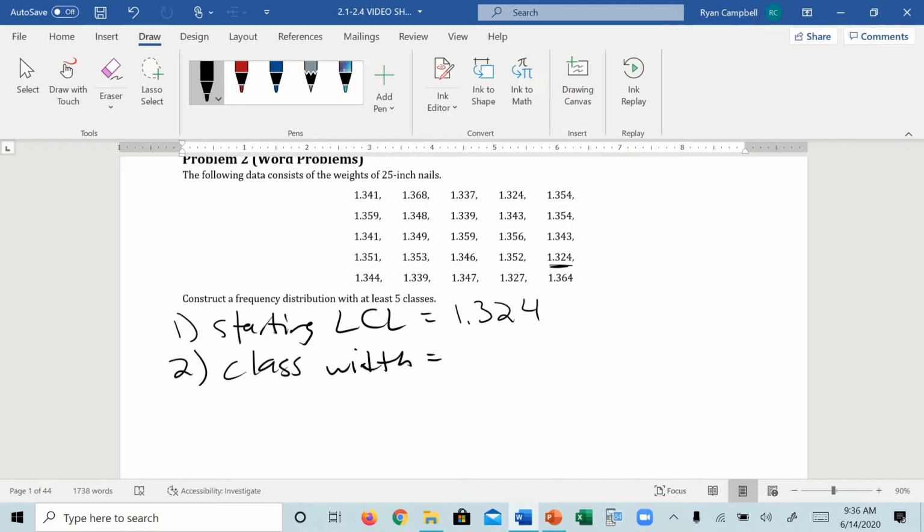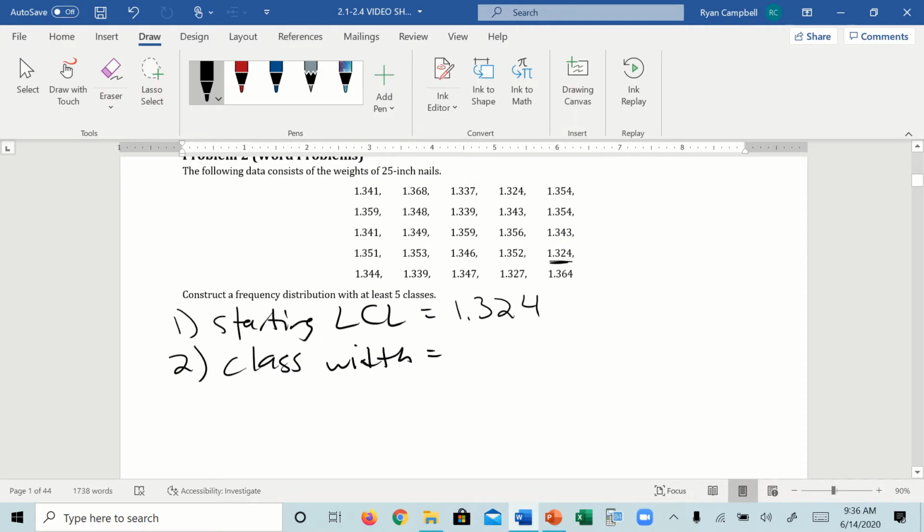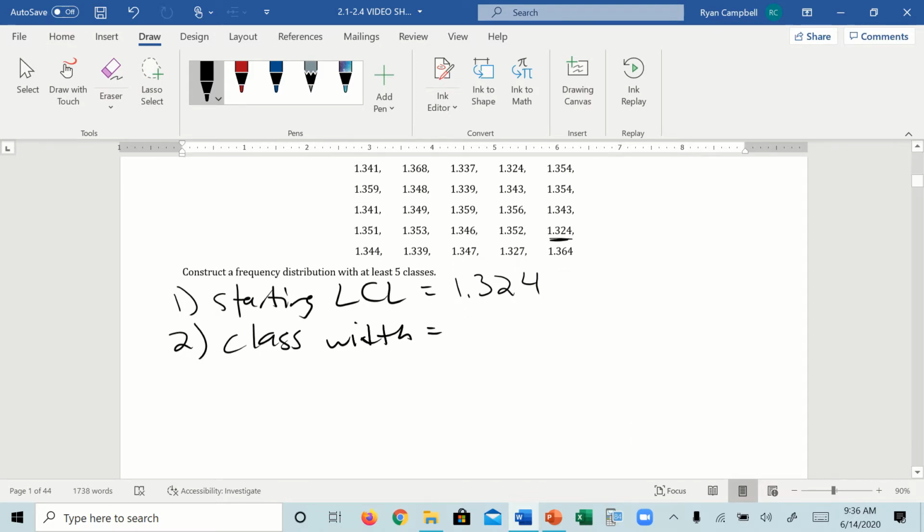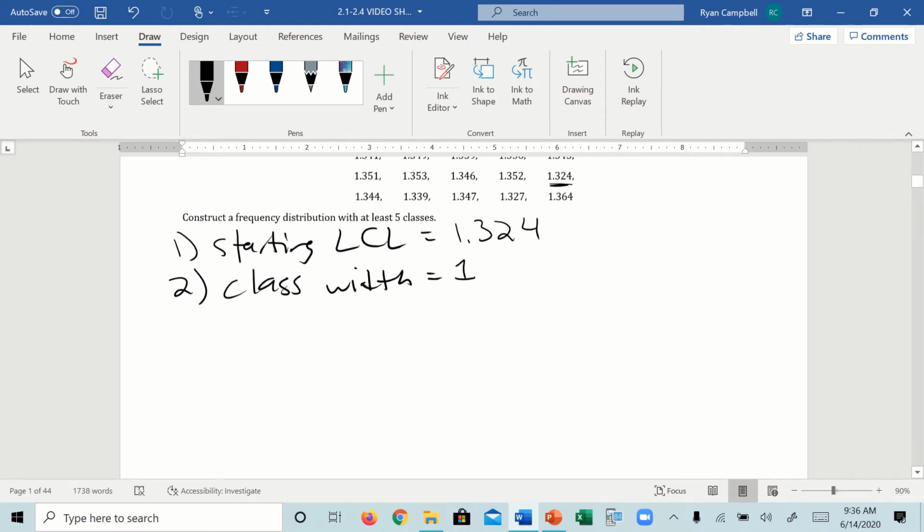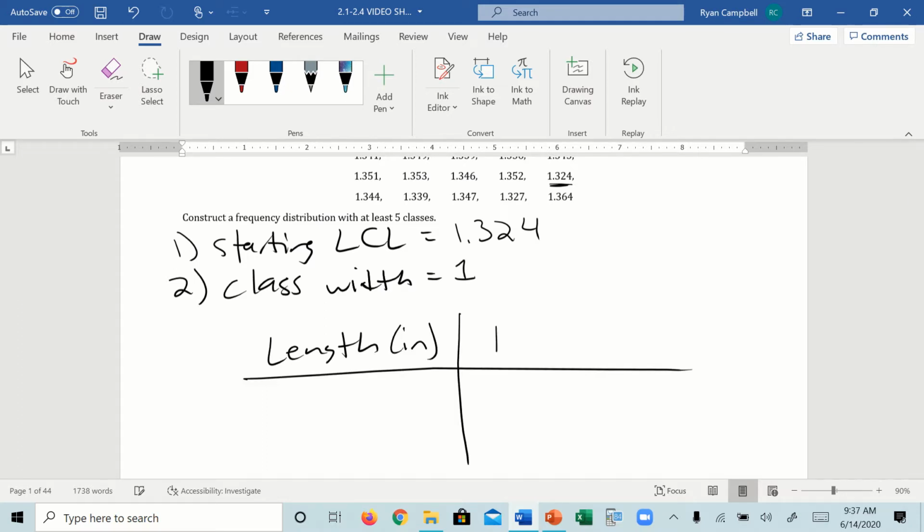That'd be fine. And then the class width. So you don't want too big a class width or too small a class width. So for instance, if we had the class width as 1, right? So we would have our length in inches and then frequency.